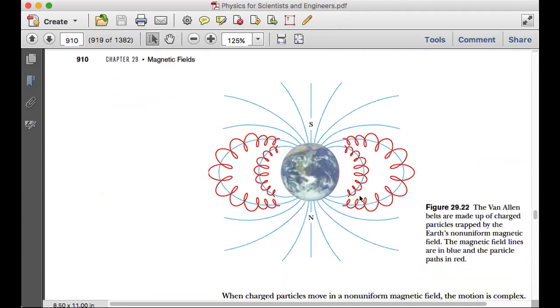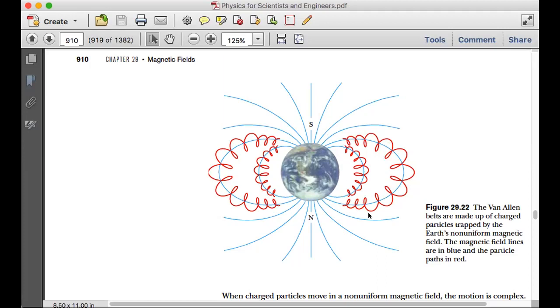So this is, for example, the Earth, and this is the magnetic field of the Earth, yeah. And this magnetic field is a non-uniform magnetic field produced by the Earth, and it's hypothesized that it comes from charged particles inside the Earth.